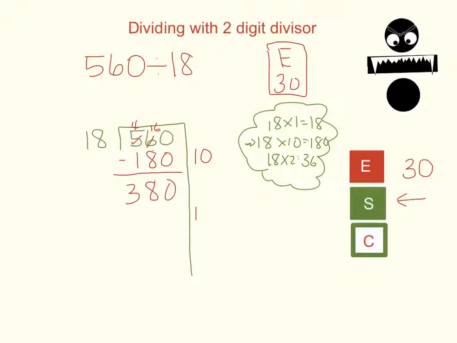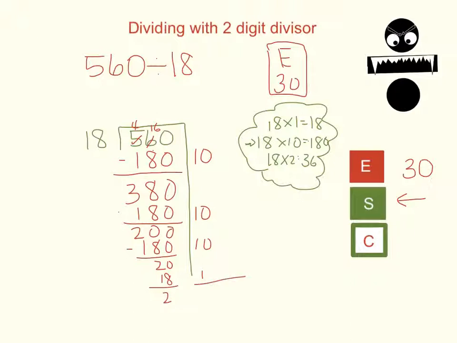I'm going to subtract 180 again. When I do, I get 0, 0, and a 2. I'm going to do 180 again, and I get 20, and now I can do 18 times 1, which is 18, 2 remaining here.